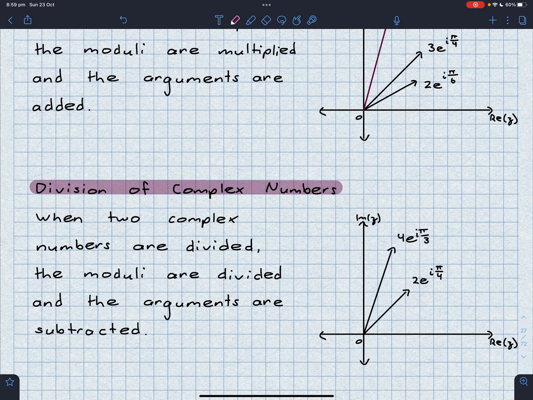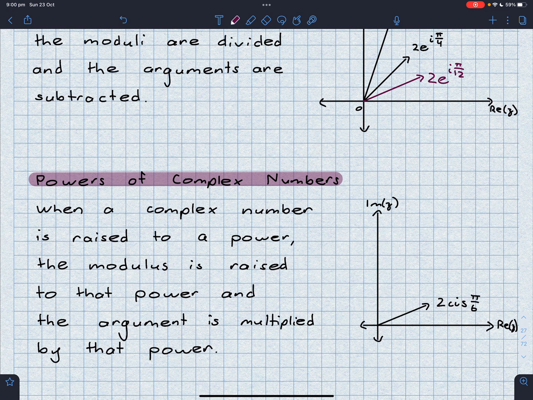So I'm going to end up with a vector, mine's not drawn particularly well, but pi on 3 take away pi on 4 is pi on 12. So it's going to be that same length and then somewhere down here. Because I just subtract those angles. So this angle in here should be the same as this one. Okay, that is multiplication and division.